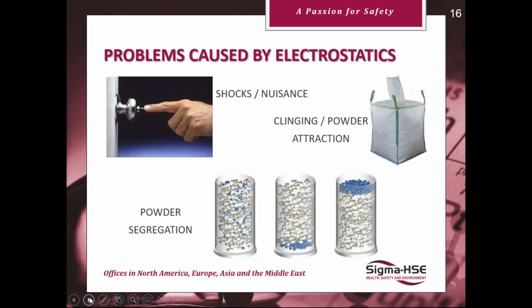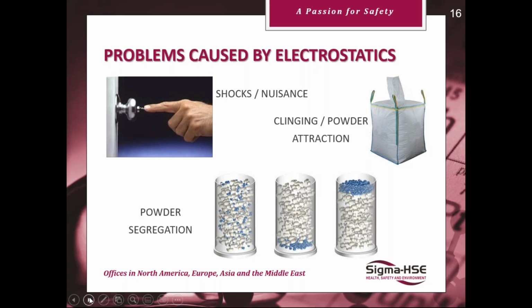And in some instances, people have even gone over railings because they've had a large shock and gone back so fast, they've gone over the safety barrier. Nuisance. You don't want to have to keep walking around getting electrostatic shocks. If you're in a shop and all the time you touch some conductor, you get a shock, you don't go in that shop very often.